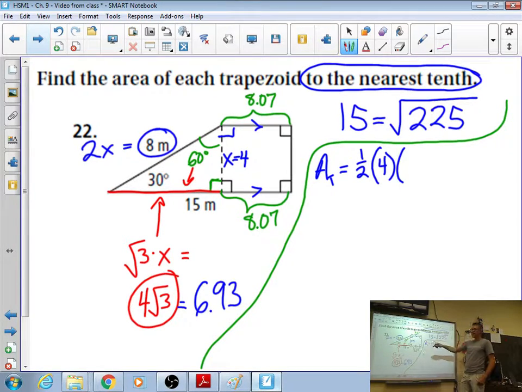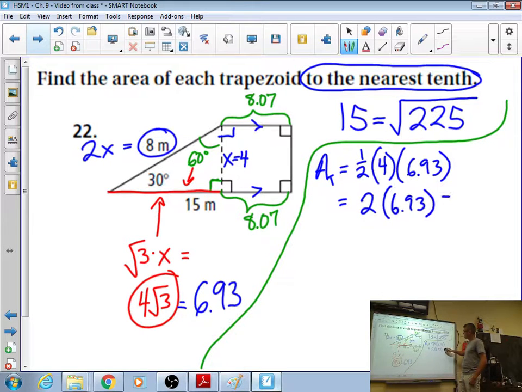The base of that area was 6.93. Gives me 2 times 6.93, and that'll give me 13 point something awkward, 13.86, and that'd be meters squared.